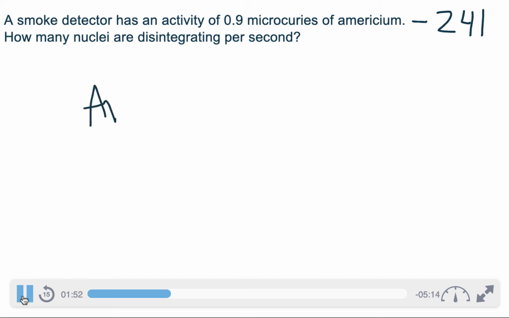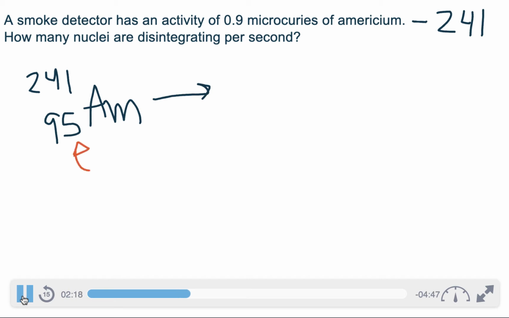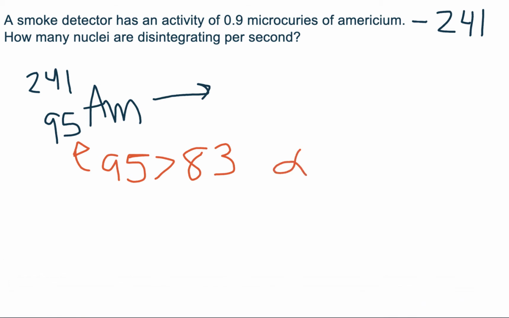So if we have americium 241, if you look on your periodic table, americium has 95 protons. It has an atomic number of 95. If you follow the rules that we talked about earlier, 95 is greater than 83, so we would expect this to decay via alpha decay.